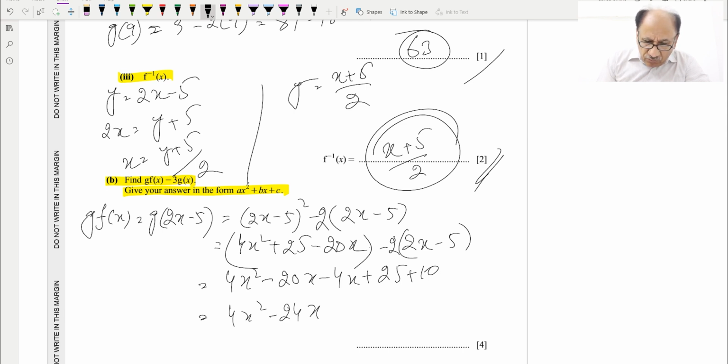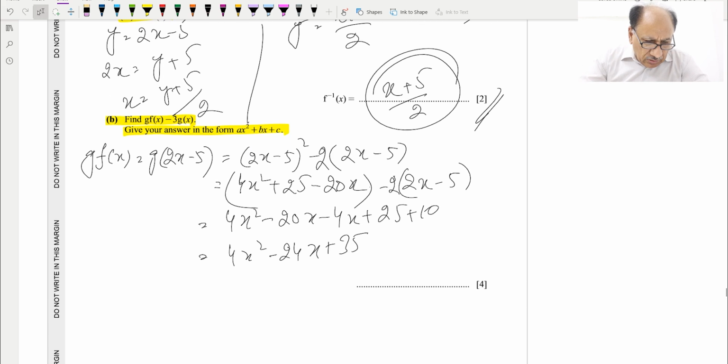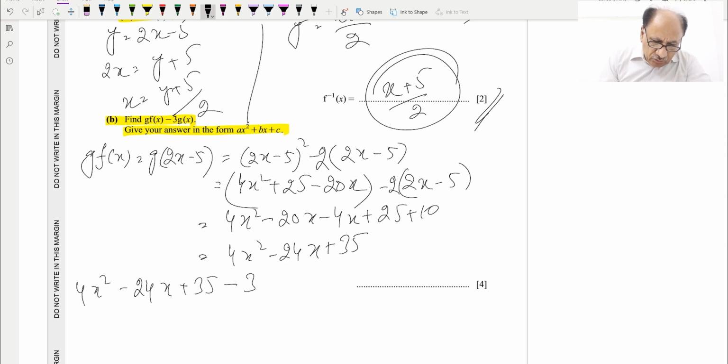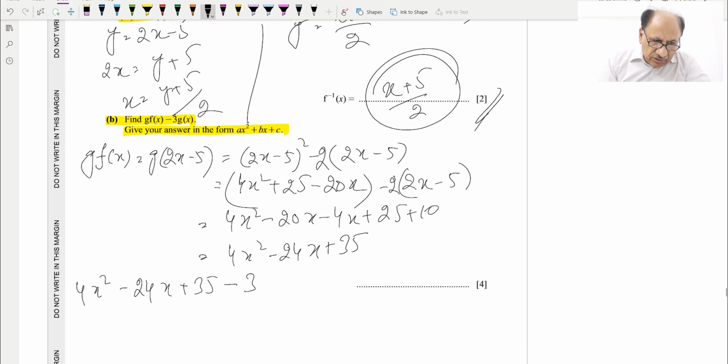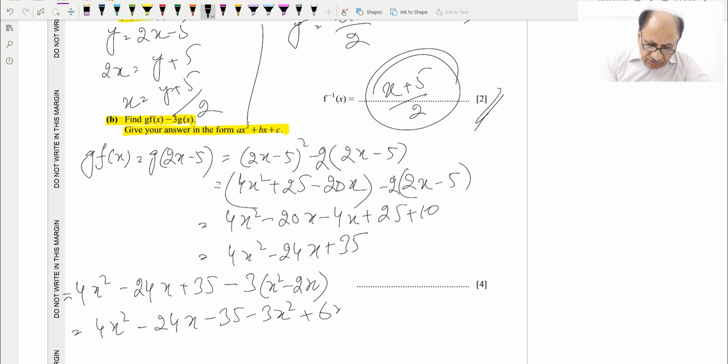And this is equal to 3g of x. So we can write 4x square minus 24x plus 35, minus 3 into g of x, and g of x is x square minus 2x. So we can write minus 3 into (x square minus 2x), and we will be opening the bracket, so we'll get 4x square minus 24x plus 35 and minus 3x square and plus 6x.